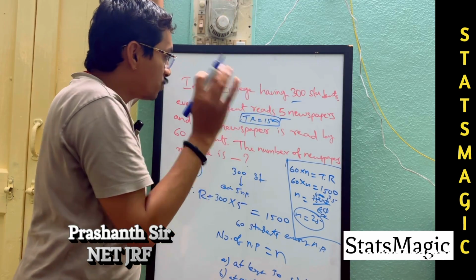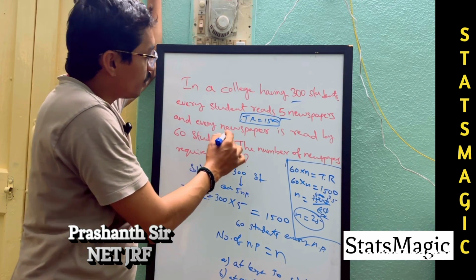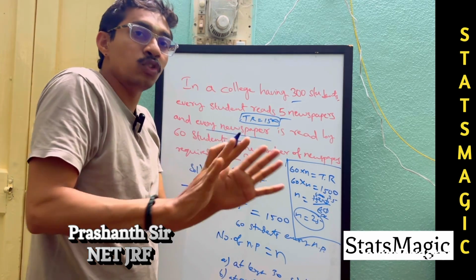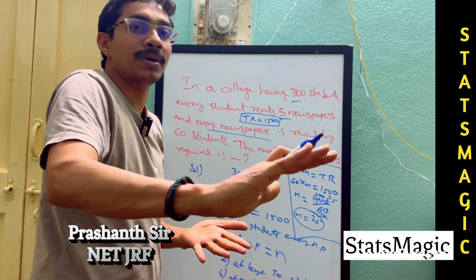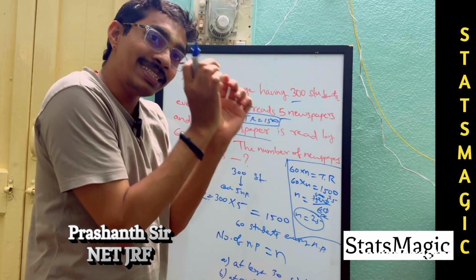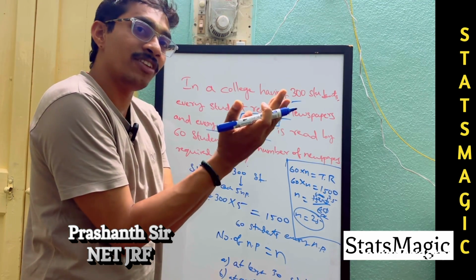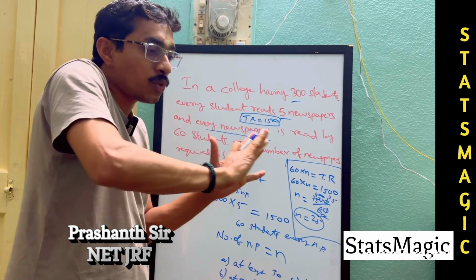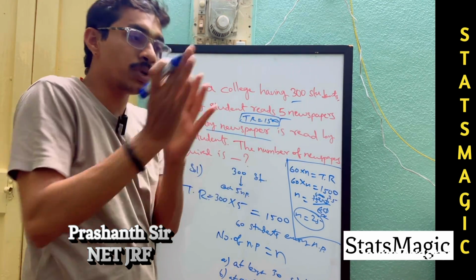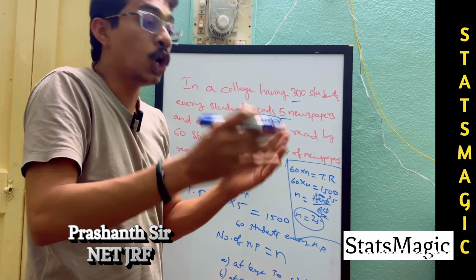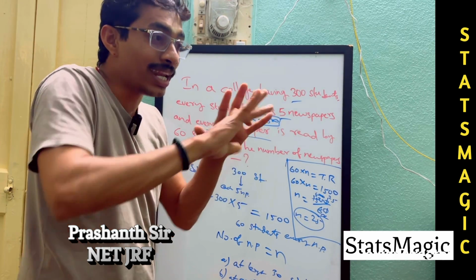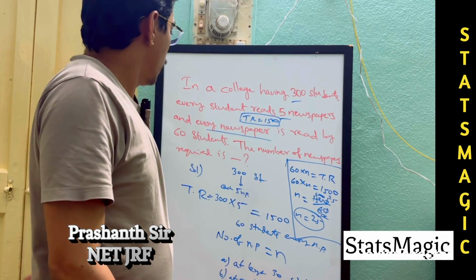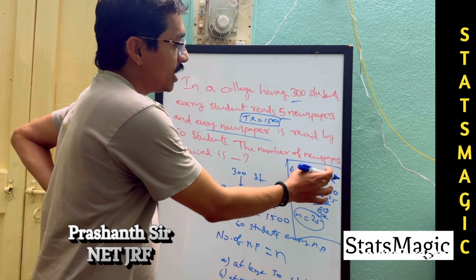Listen carefully: every newspaper in the college is read by 60 students. That means 60 into the number of newspapers is equal to total readings, that is how many times they are being read. That is why 60 into n equals total readings.